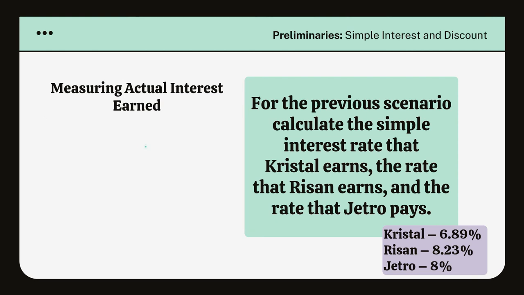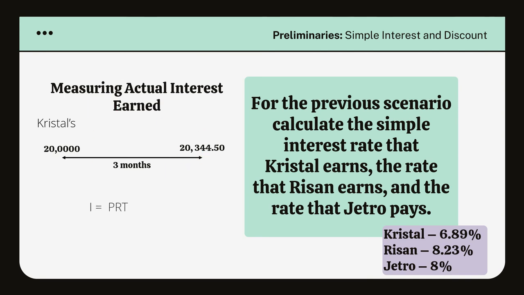Okay, so let's start. For Crystal's, in her timeline, 20,000 after 3 months became 20,344 pesos and 50 centavos. This means the answer earlier to how much Rizan will pay is what he will pay to Crystal.